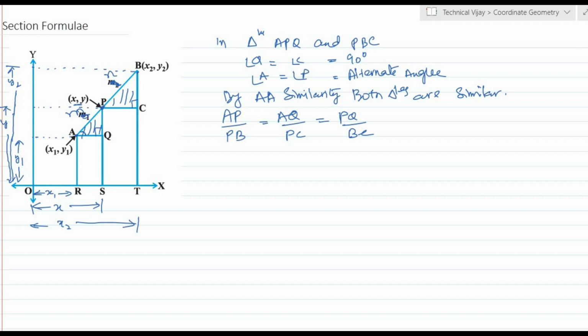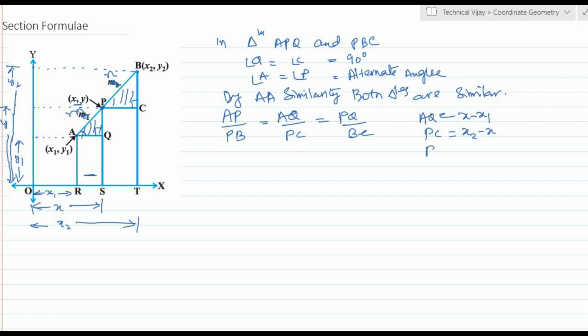In this way the ratios are equal because both triangles are similar. Now we will see what AQ is. AQ is this total distance, x minus x1. PC means x2 minus x.